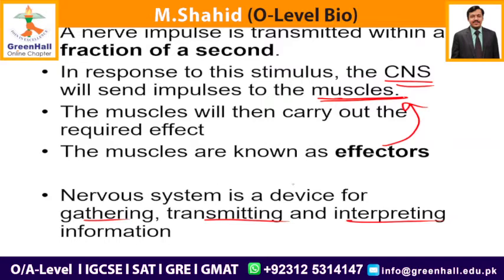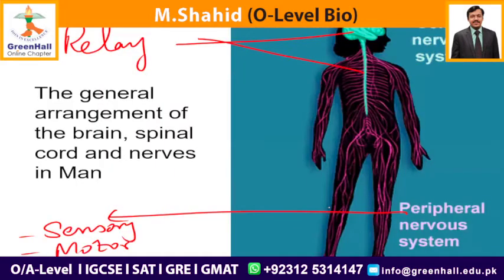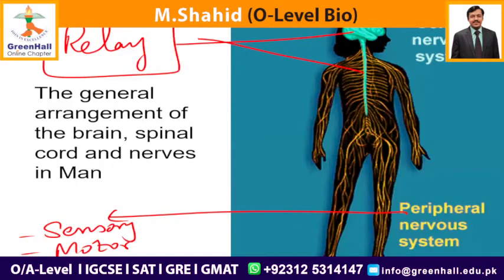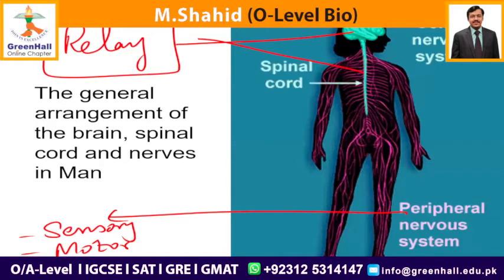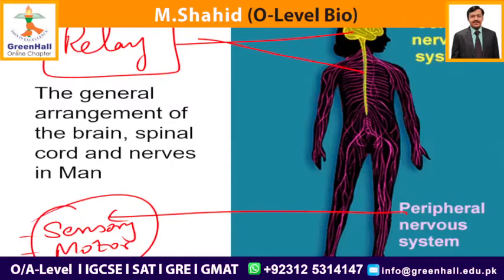Now, if I go back to when we were talking about the relay neurons, you can understand that their job is the interpretation of information, whereas bringing and carrying forward is the job done by the sensory neuron.